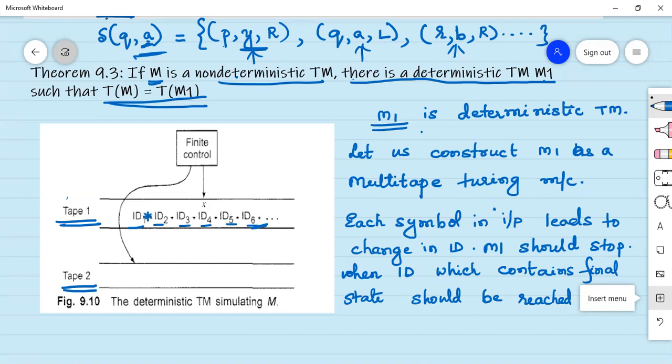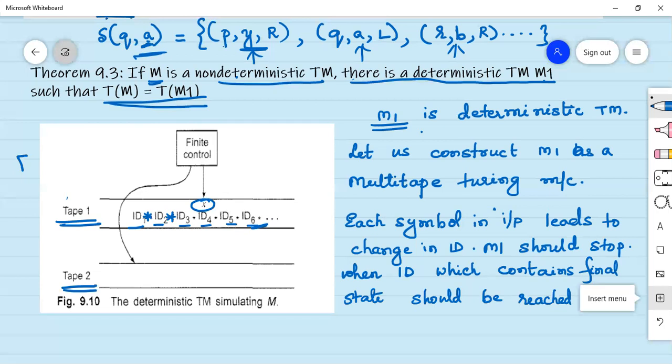We are using an extra symbol star, which will separate these IDs. So we can definitely store it in tau, that is, it is included as a tape symbol. Now, which ID am I currently checking? You can see there is an X over here. So this X is a marker, and we can use this marker X along with the ID separator.